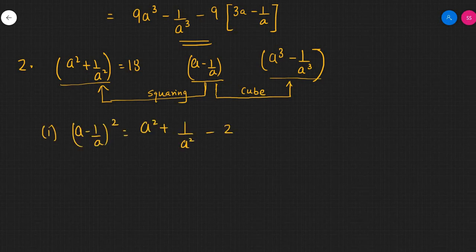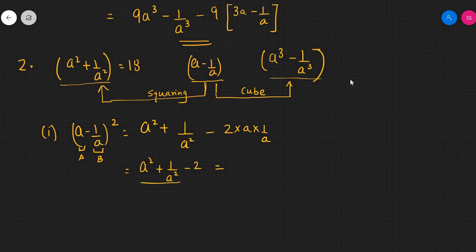So here's how you solve this. Take a minus 1 by a the whole square. This would be your a, and this would be your b. So this is nothing but a squared plus b squared minus 2 into a into b. That would be a squared plus 1 by a squared minus 2.